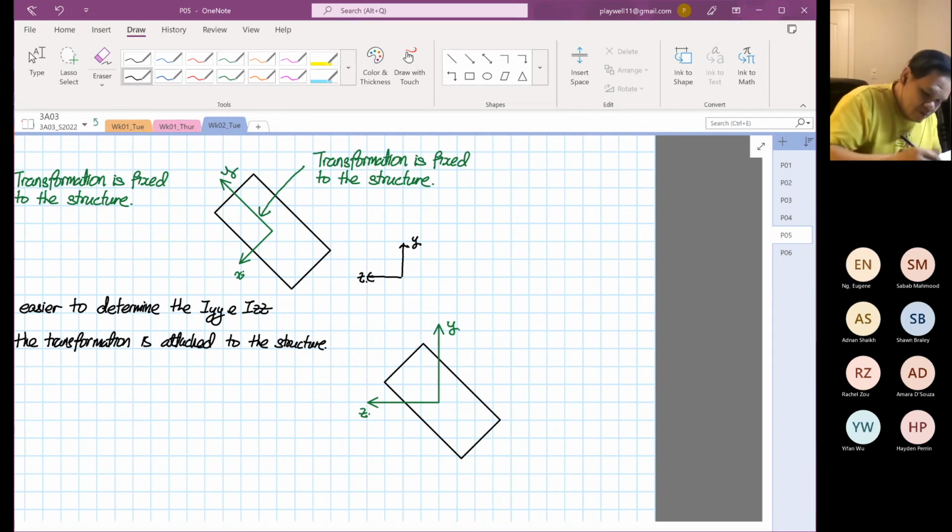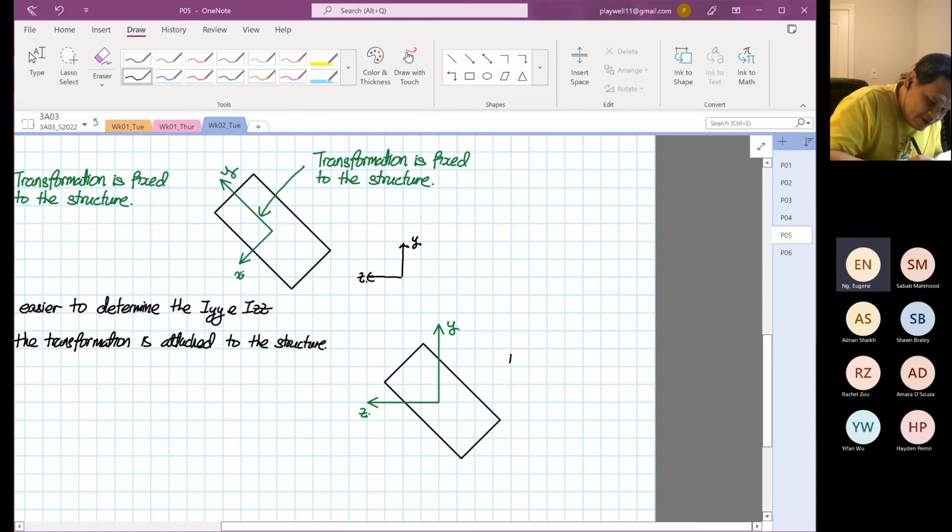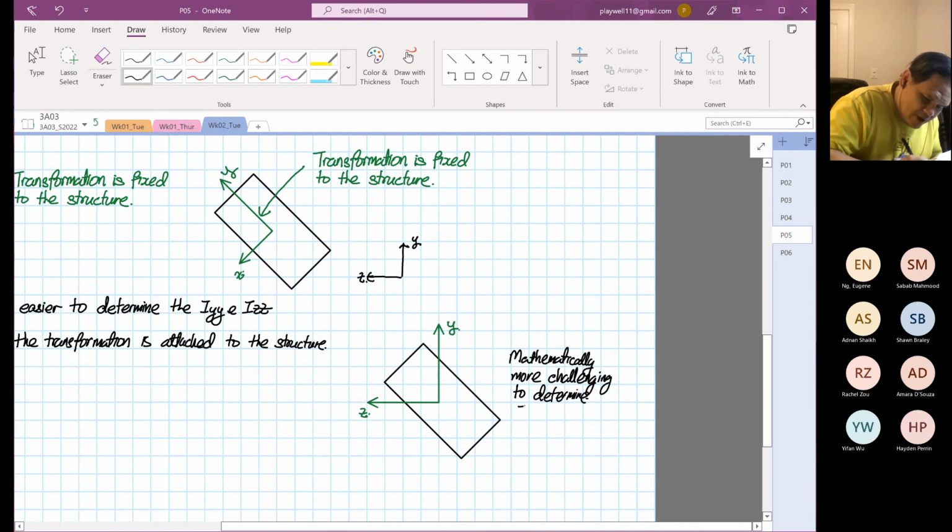It is mathematically more challenging to determine IYY and IZZ in this orientation, that's for sure.